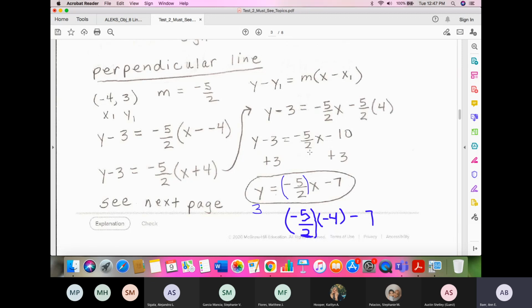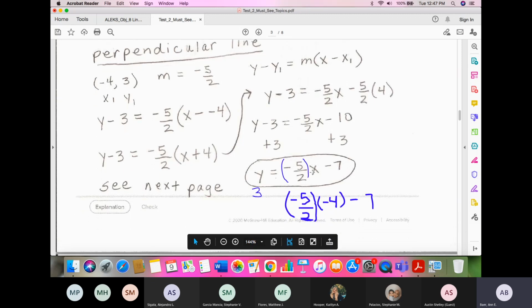So on this side, we get -5/2 x. You don't have to write it in parentheses like this. I just did that for a reason, because I want to check. -10 plus 3 is negative 7. So this is the equation: y equals negative 5 halves x minus 7.